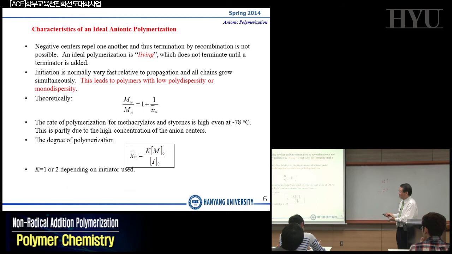I will explain to you why there is a case for 2. If you know the monomer concentration and initiator concentration, you can exactly control the degree of polymerization in anionic polymerization reactions.